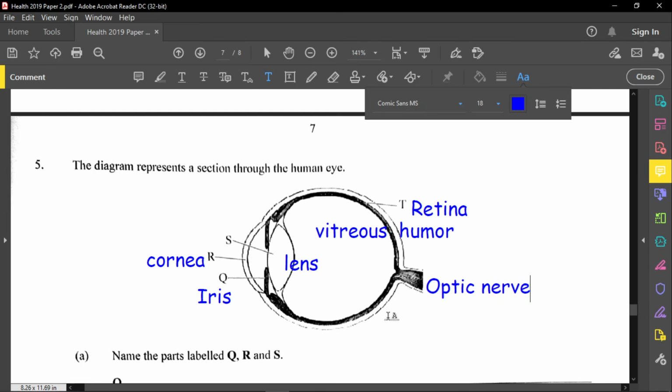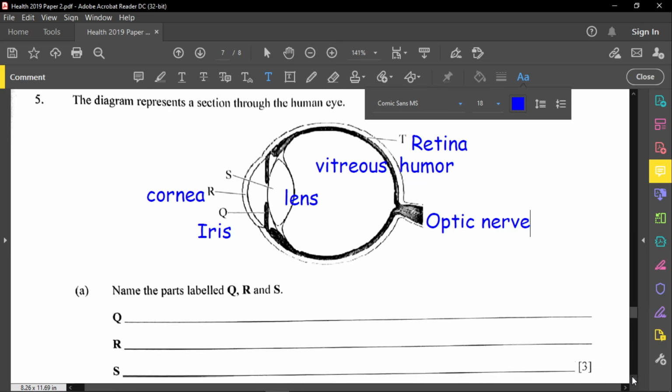All right, great. And then the little space right here is called the blind spot. And then we have the sclera on the outside, or the sclerotic coat. All right, so you just need to know the different parts of the human eye, and you will more likely see it. So please just bear it in mind.